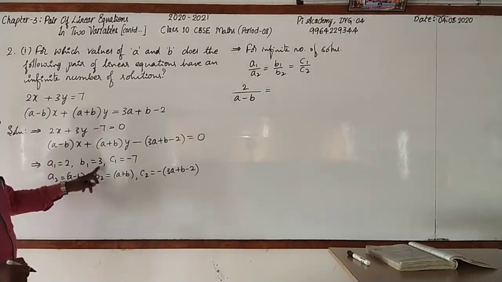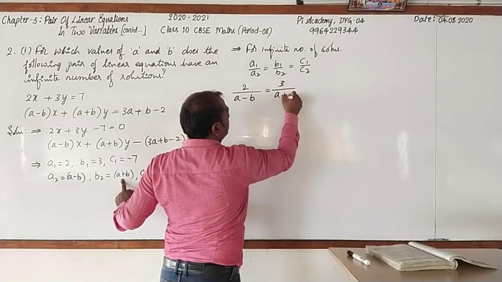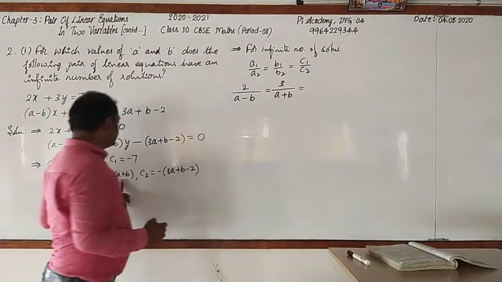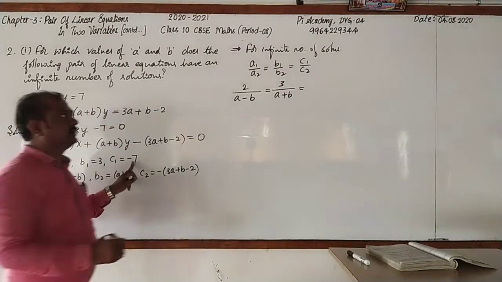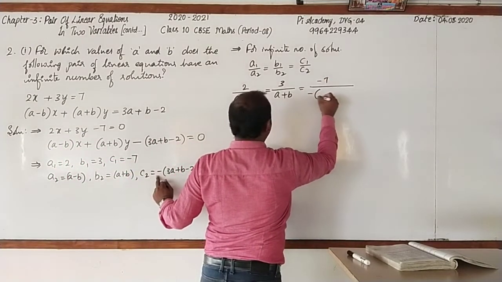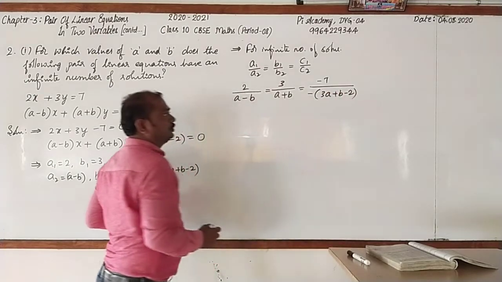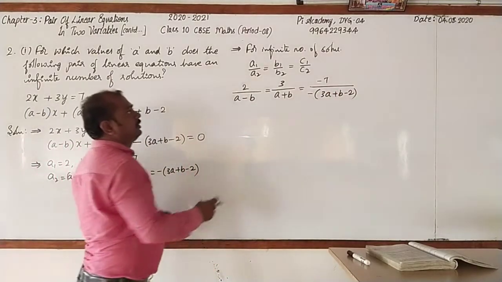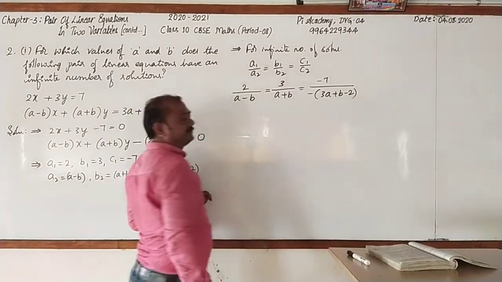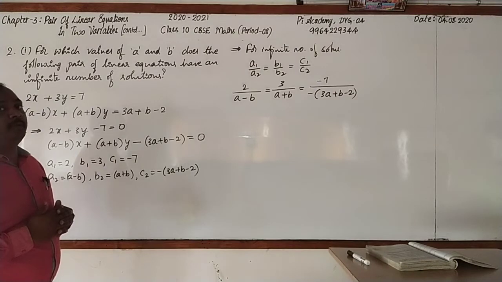B1 by B2, 3 by (a plus b). C1 by C2, it is minus 7 by minus of (3a plus b minus 2). Now, minus gets cancelled. Then using this, you are going to find out a and b values.